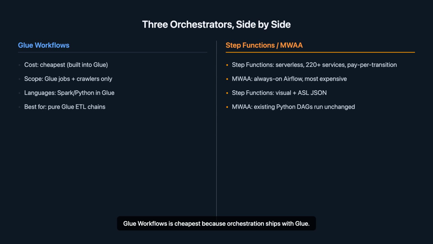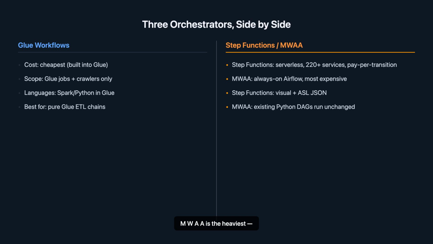Let's put them side by side. Glue Workflows is cheapest because orchestration ships with Glue. Its scope is narrow though, only Glue jobs and crawlers. The languages are whatever you write in Glue, mostly Spark and Python. Best for pure Glue ETL chains, end of story. On the right, Step Functions is serverless, pay-per-transition, integrates with 220 plus Amazon Web Services, and you build it visually or in ASL JSON.